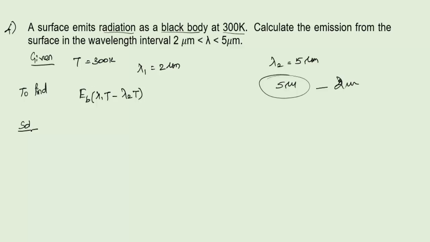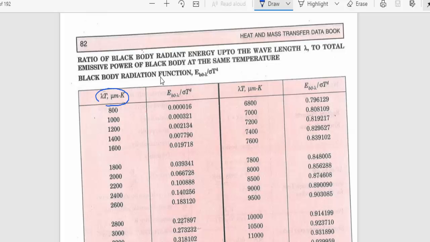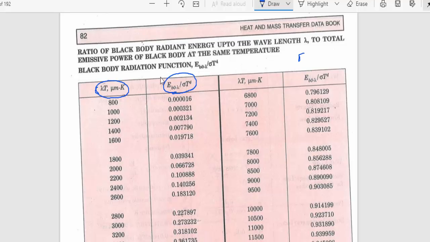Before coming to the solution, read the data book at page number 82. Here, at different values of lambda T, the value E_b lambda divided by sigma T to the power 4 is given. So if you know the lambda T value, you can take this value, E_b lambda divided by sigma T to the power 4, from this table.